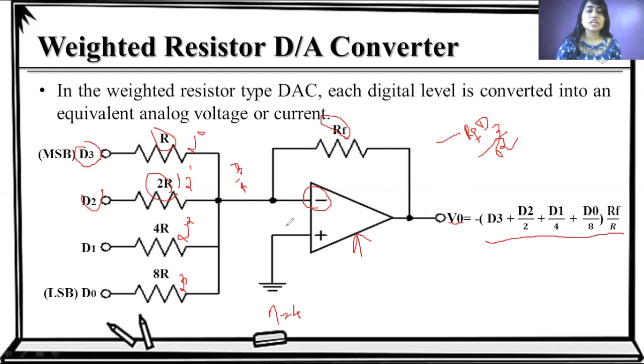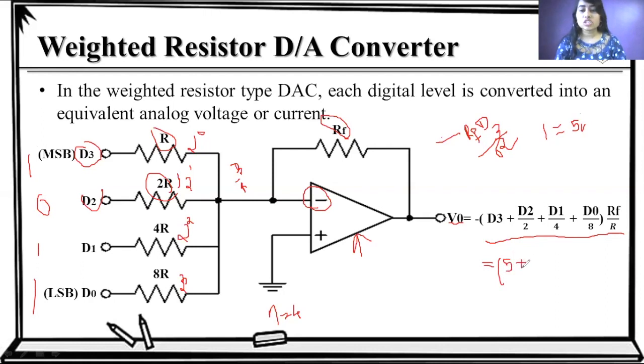For example, if we have a pattern like 1 0 1 1, and logic 1 is equal to 5 volt, so we have an analog voltage for this 1011 pattern. D3 is 1, that means 5 volt.